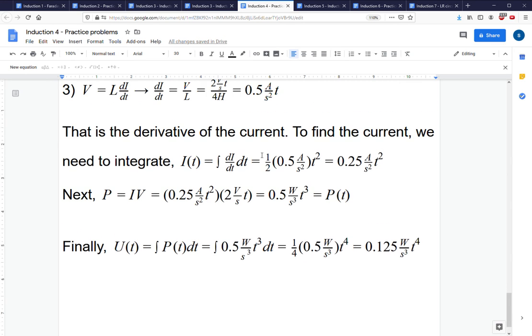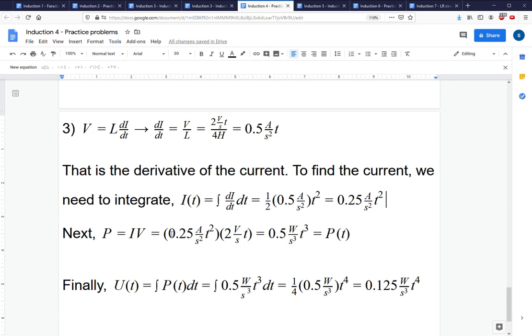So we can multiply those two together, 0.25 amperes per second squared t squared times 2 volts per second t. 2 and 0.25 multiply to get 0.5. Units, amperes and volts become watts. Second squared times second becomes second cubed. And t squared times t becomes t cubed. So the power, as a function of time, is 0.5 watts per second cubed t cubed.